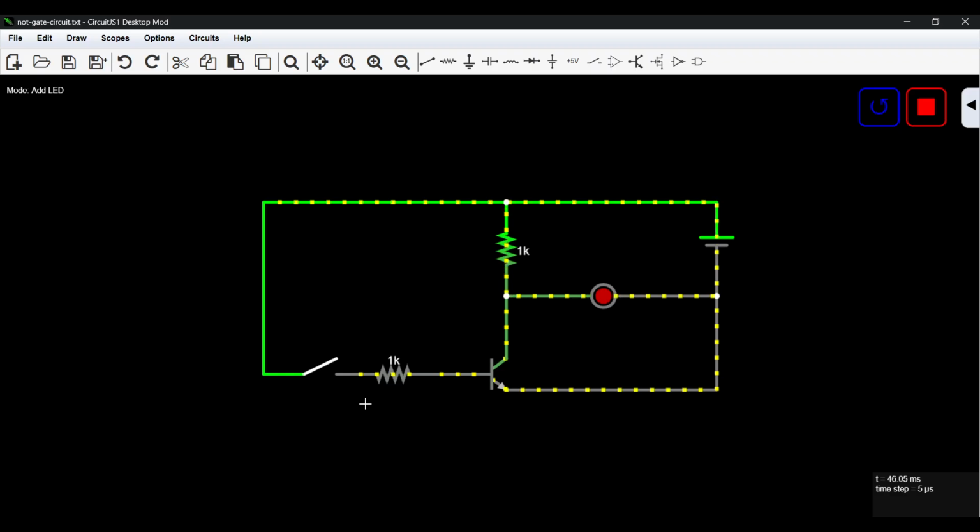And as we can see right now, the circuit is open and the LED is on, the same way as we saw on the physical breadboard. And if we close the circuit, okay, this one uses a hold. Let me replace it with just a normal switch.